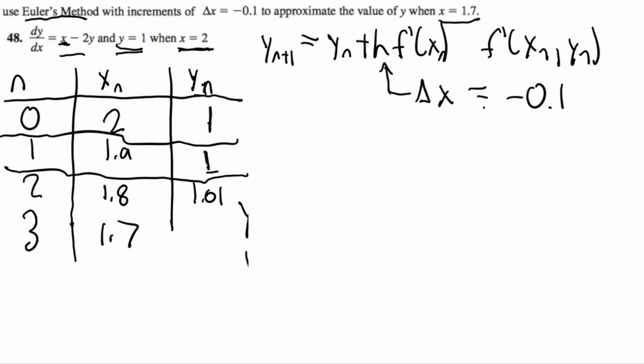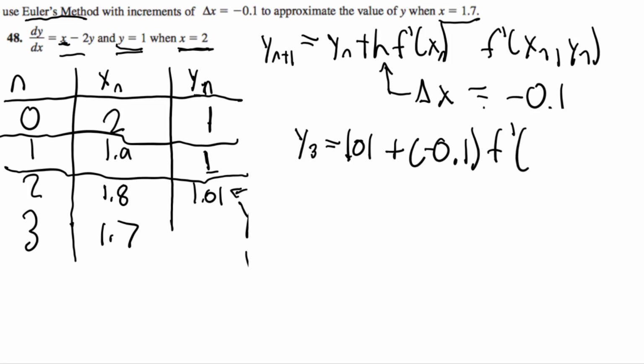For this step, it's the exact same as before. Essentially, we'll say y sub 3 is equal to our past y value of 1.01 plus our change in x, which is negative 0.1, times f of our x sub 2, which is 1.8, and our y sub 2 of 1.01.